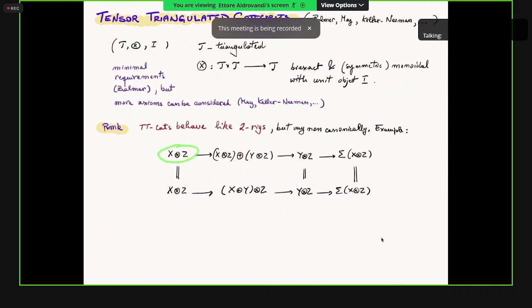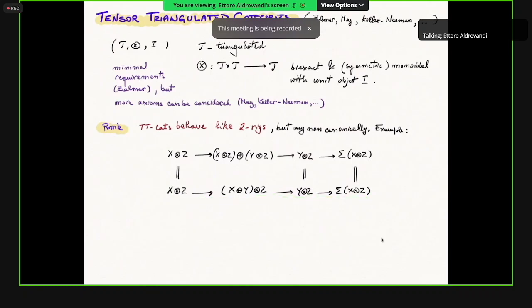I take these two objects, and then I form one of the obvious distinguished triangles from the direct sum. On the other hand, I can take the original distinguished triangle with x, direct sum y, and then tensor with z. The exactness there means that this is compatible with the tensor product.